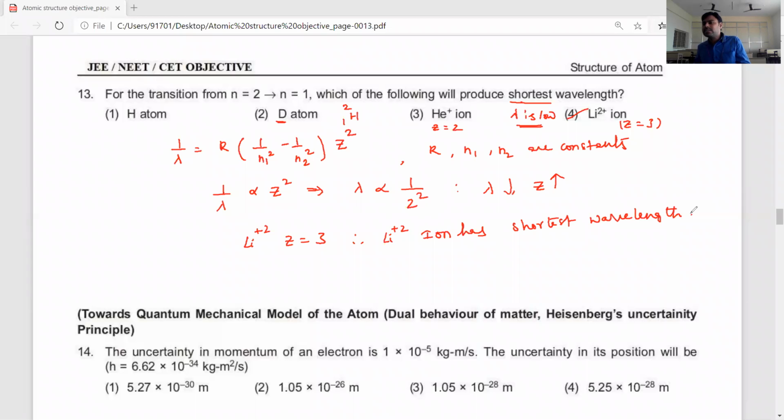But lambda is inversely proportional to Z square. Means if Z value increases, then the wavelength will decrease. So according to that, the one having more atomic number, Li2+ ion, has the shortest wavelength among the given options. Okay, students. Let's go for the next question.